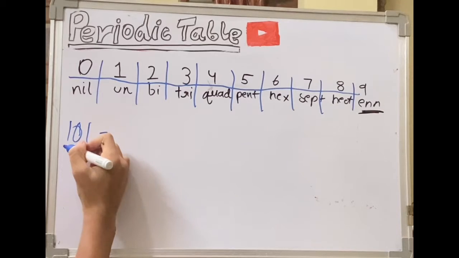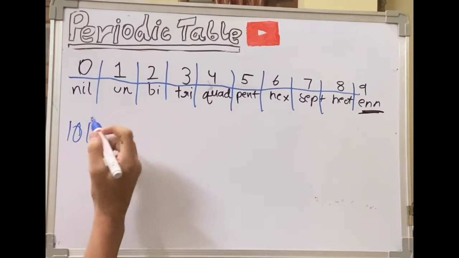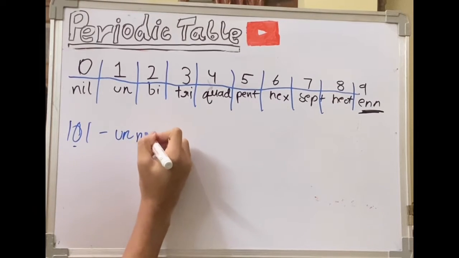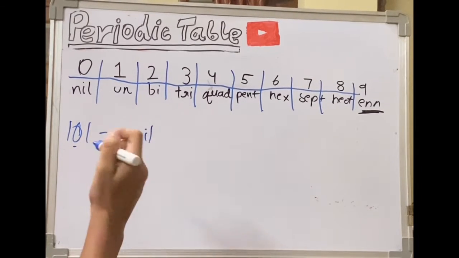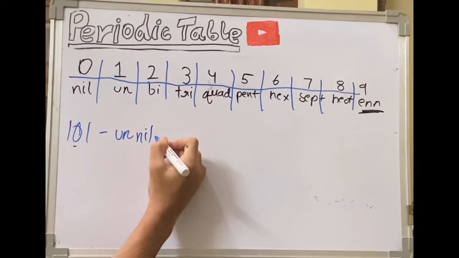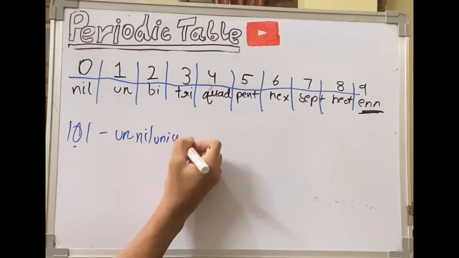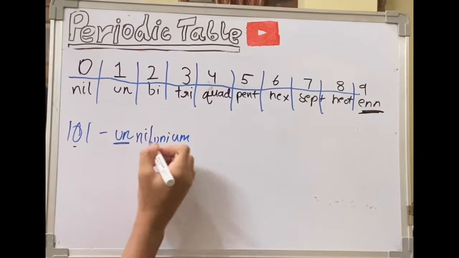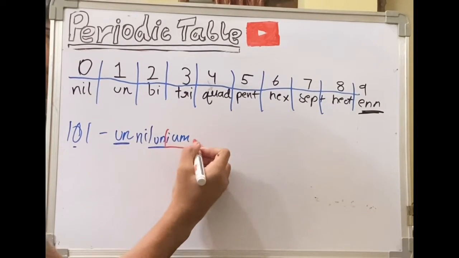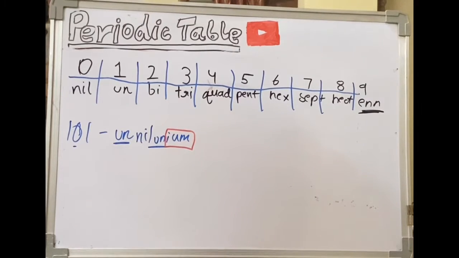For 1 it will be un, then it's nil because there is a 0 over here, so un nil, and again 1, so it is unnilunium. See, in the last, as the suffix, you will have to add ium everywhere. Okay, you got that right?